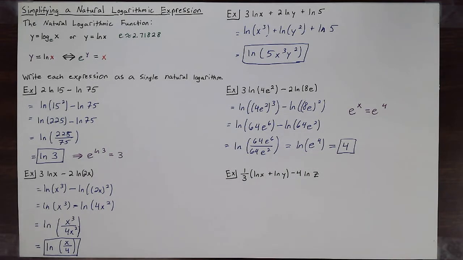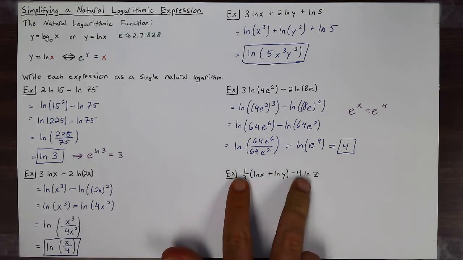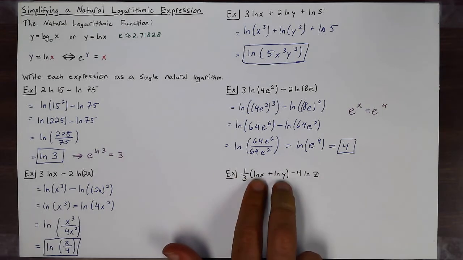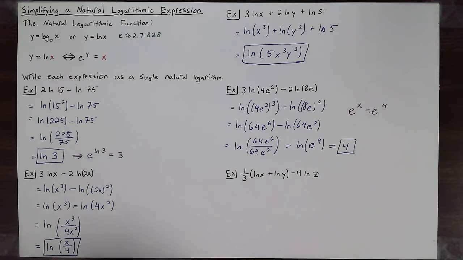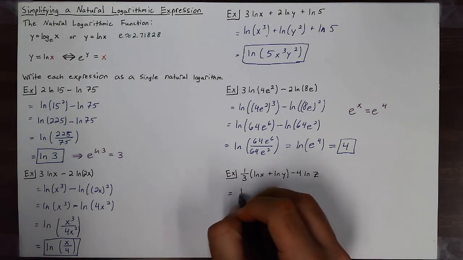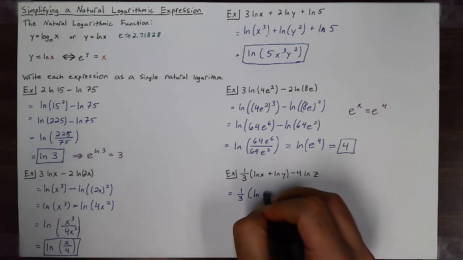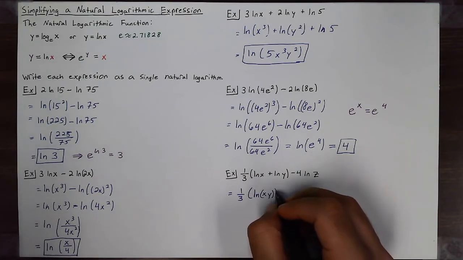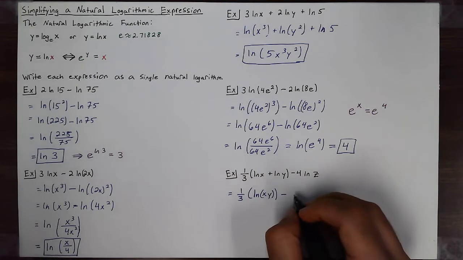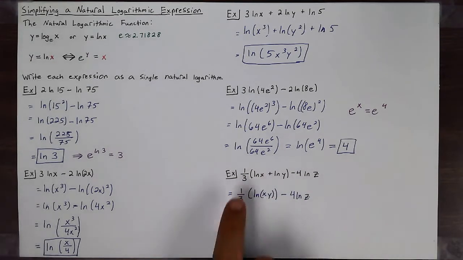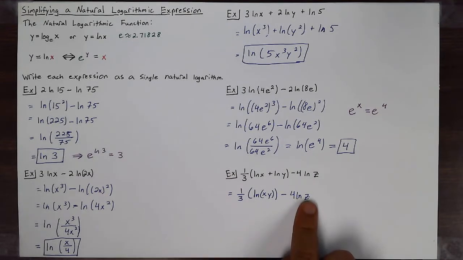Now for the last example, they have coefficients, but the things in parentheses don't have coefficients, so I can actually combine those to start, giving me 1/3 natural log of xy minus 4 natural log of z. Now I have this one natural log being multiplied by 1/3, this other natural log being multiplied by 4.